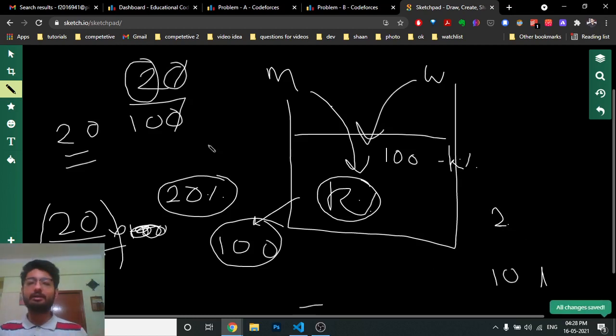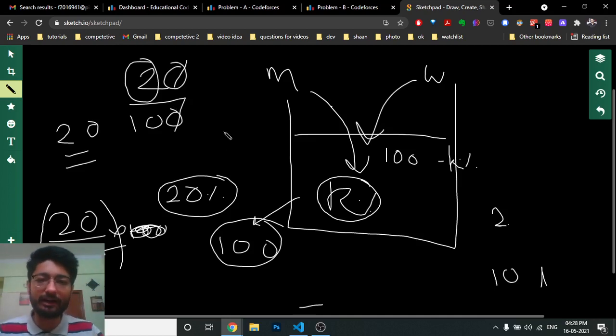So if we divide the numerator and denominator until they become the smallest numerator and denominator that cannot be divided more, that's the final smallest fraction. We can divide by 2 so it becomes 1 by 5.